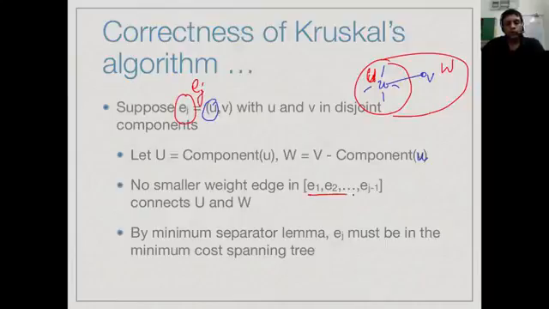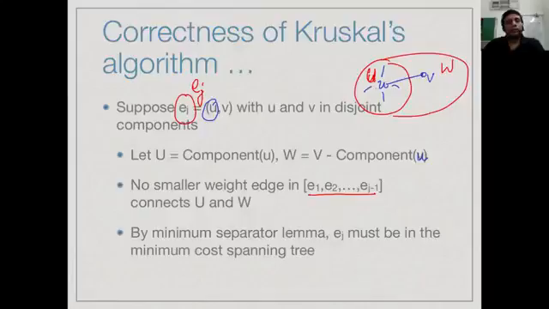If we look at all the edges E1 to EJ minus 1, none of them connected the component containing U to the component containing V, because had it done so, we wouldn't be adding this edge. This edge would form a cycle. So this is the first edge that we can use to connect these two, which means that no edge we have seen so far connects these two. Okay, so putting all this together, this is the smallest edge which connects capital U to something outside capital U.